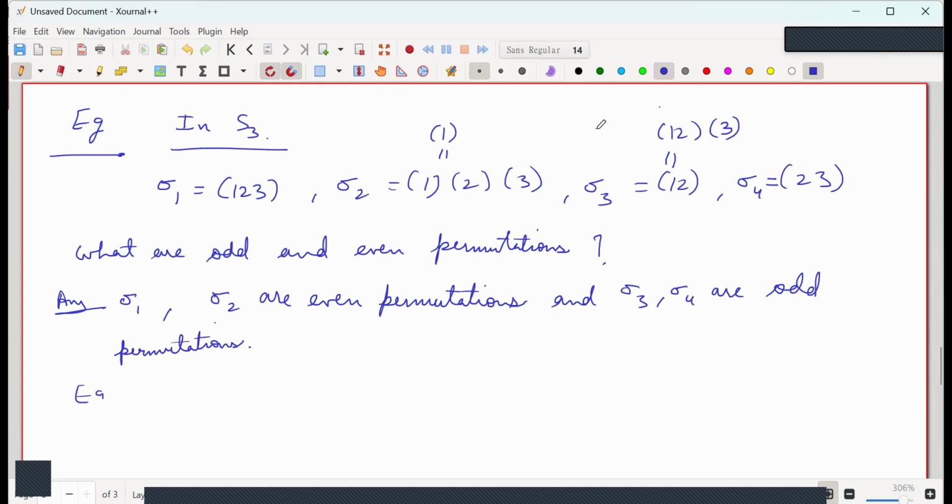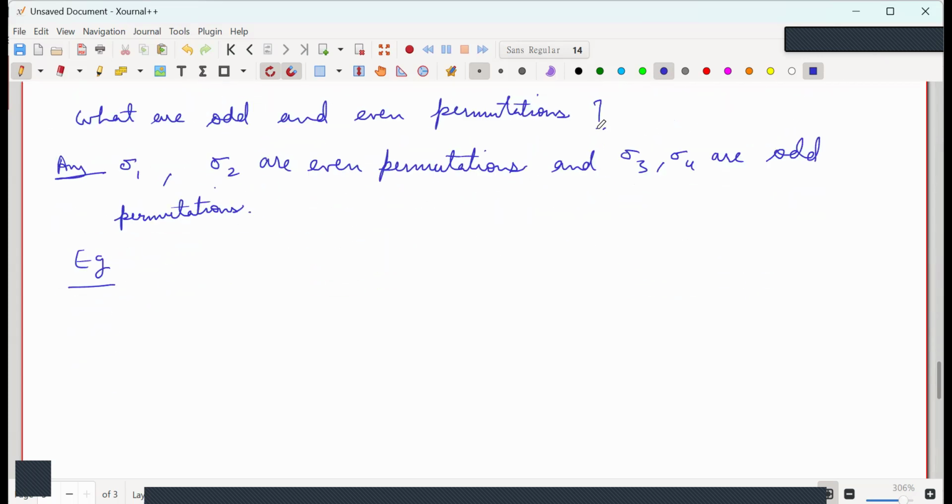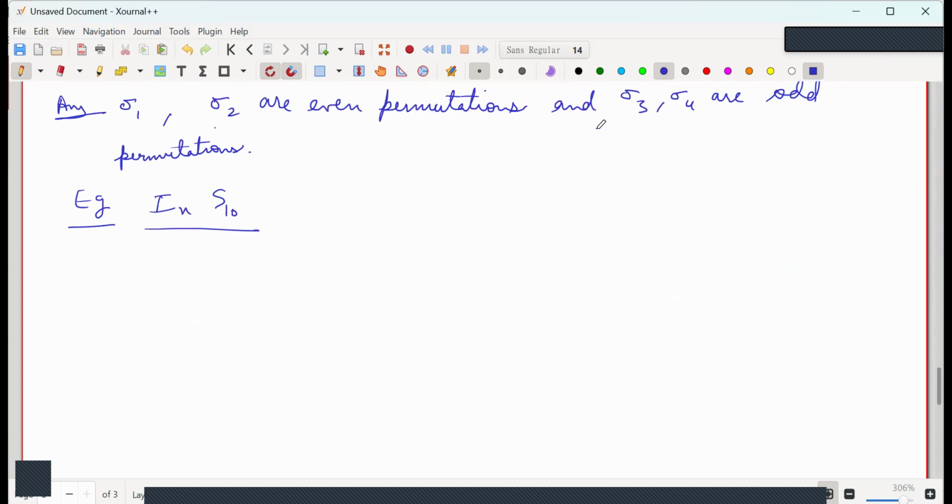Okay, we want to go a bit higher. Maybe let's go to S10. Take a bit of a jump. What about these permutations? I'm writing (1, 2, 3). That means all others are fixed.